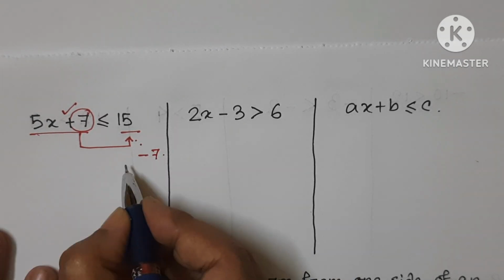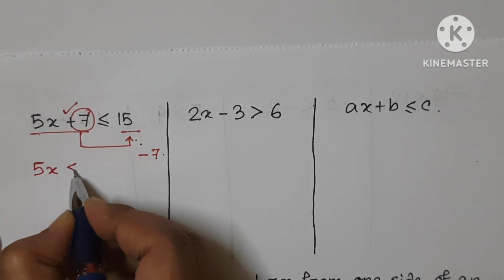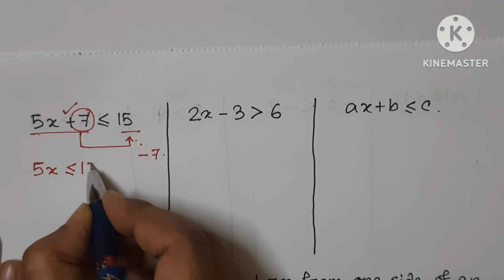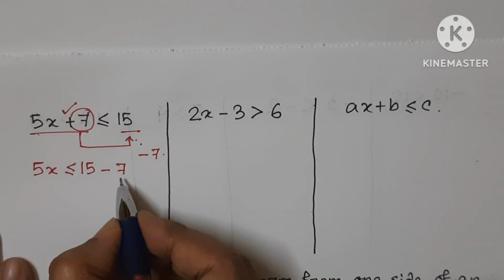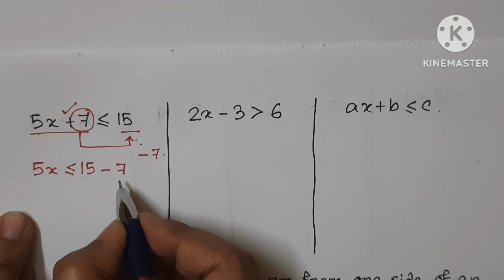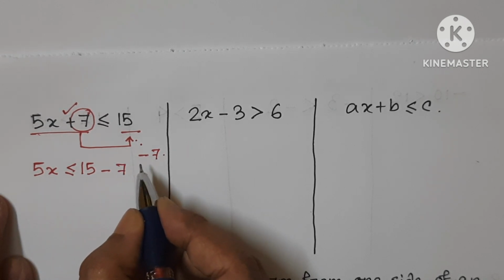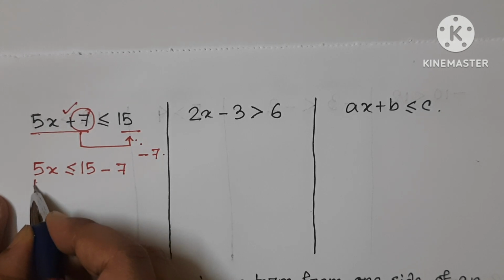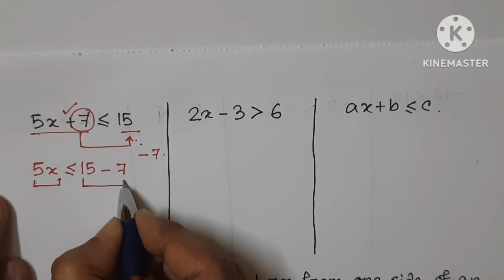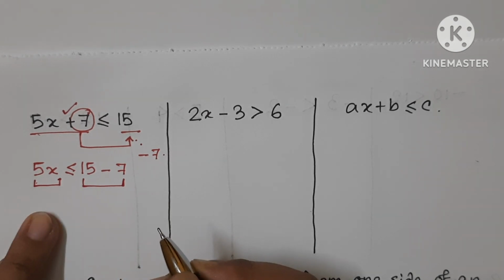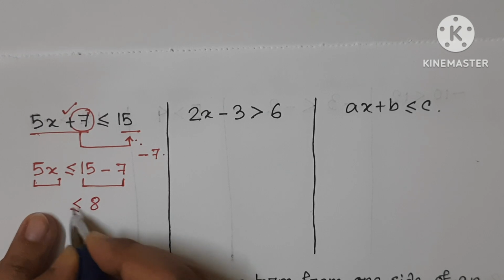So what will be the next step? In the next step, 5x is less than or equal to 15 minus 7. Here we have arranged that inequation in such an order that the variable is on one side and the constant term is on the other side. Now you can easily compute 15 minus 7.